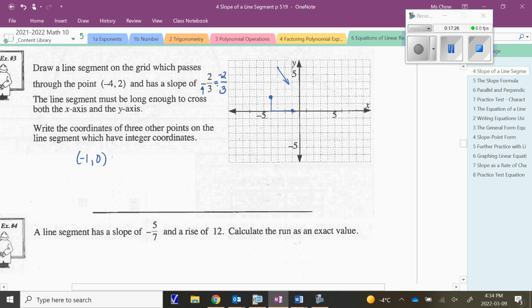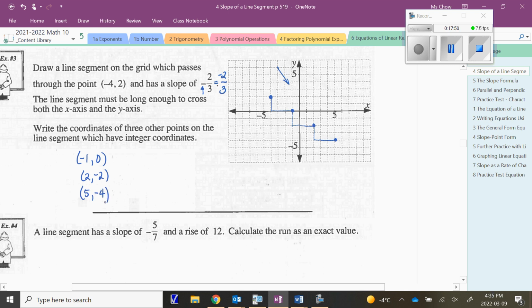And then keep finding additional points. So down 2 from there and run of 3. There it is. And that is at 2, -2. Another point, down 2 and right 3, and that is at 5, -4.